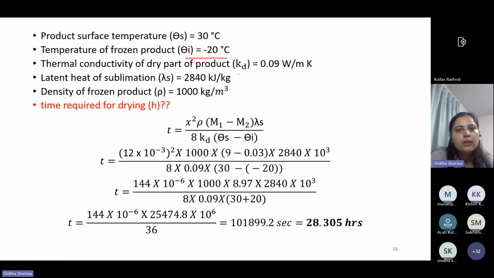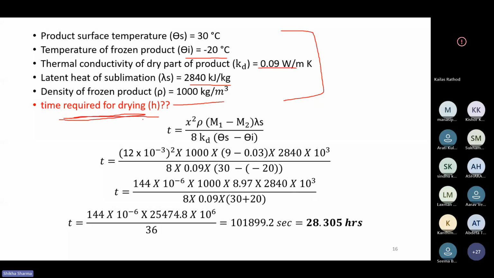The thermal conductivity of the dry part of the product is 0.09 watt per meter Kelvin. The latent heat of sublimation is 2840 kilojoule per kg and the density of the product is 1000 kg per meter cube. These are all given in the question, and we need to calculate the time required for drying.